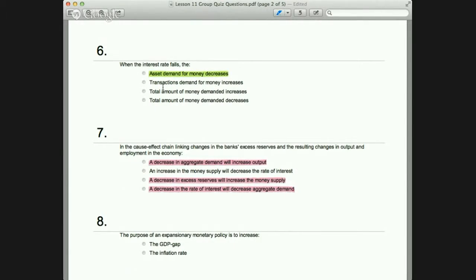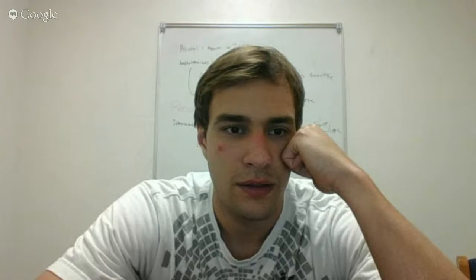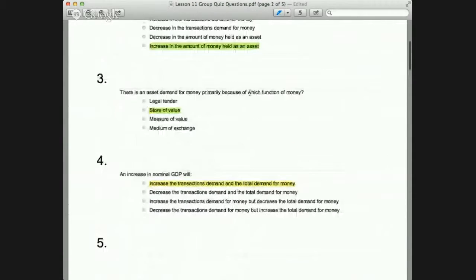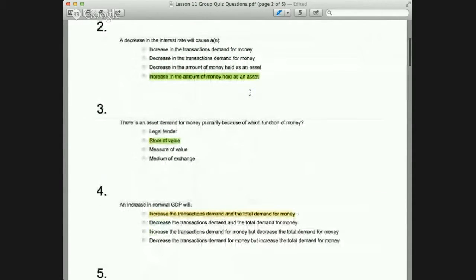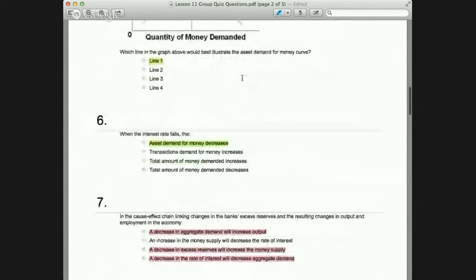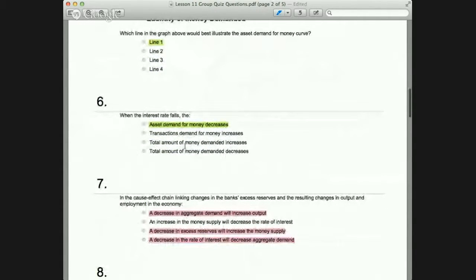I don't see anything about interest rate in that one. Let's see, amount of money demand. I would think it'd be the last one. I think it's the third one. That goes along with the second one we just did. So when the interest rate falls, money as an asset increases. When the interest rate falls, the total has got to increase.